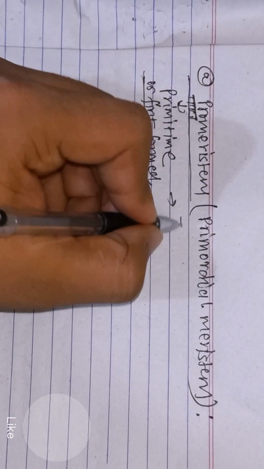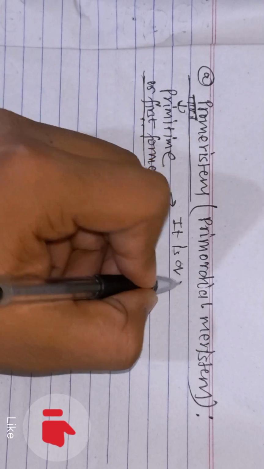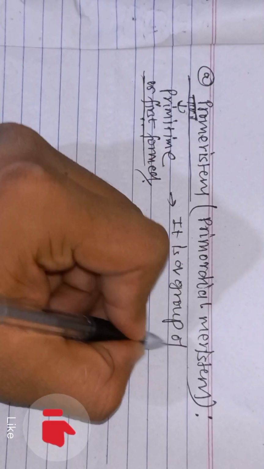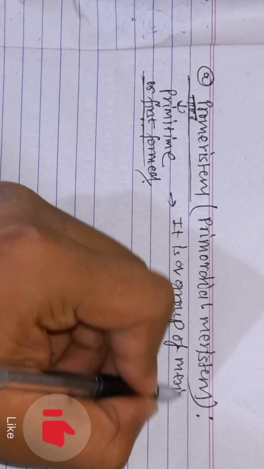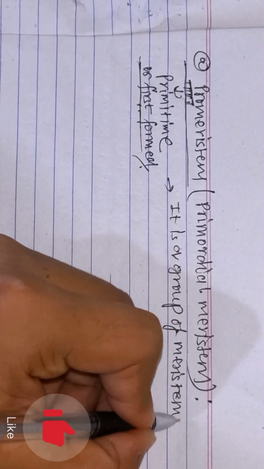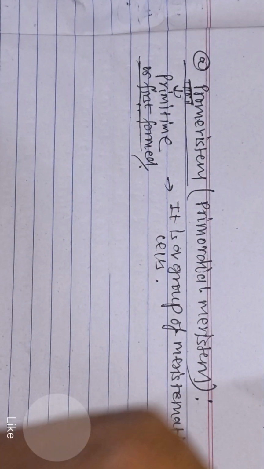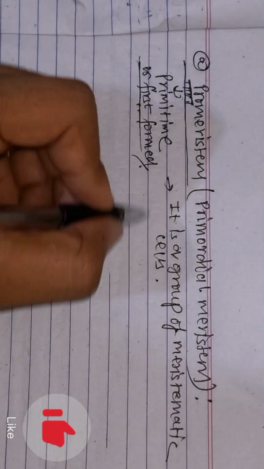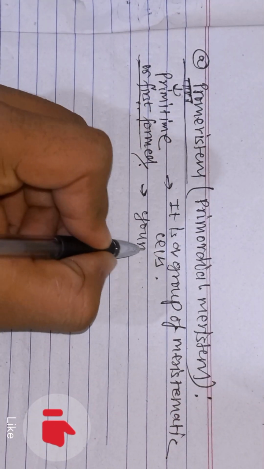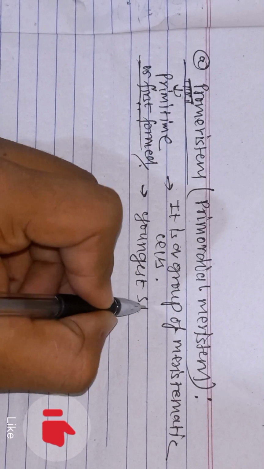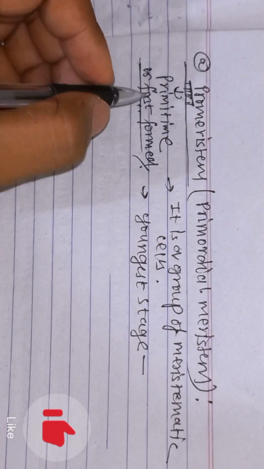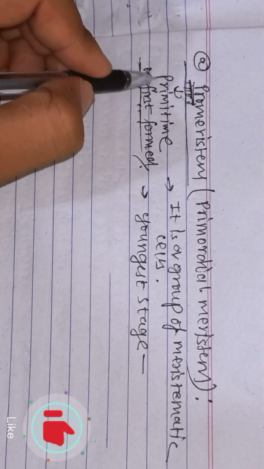It is a group of meristematic cells which are found in their youngest stage. Remember, they are found in the youngest stage. At the beginning, I have already said pro refers to the first form.